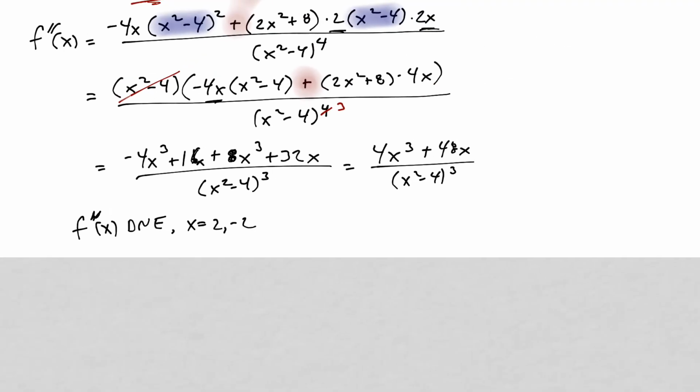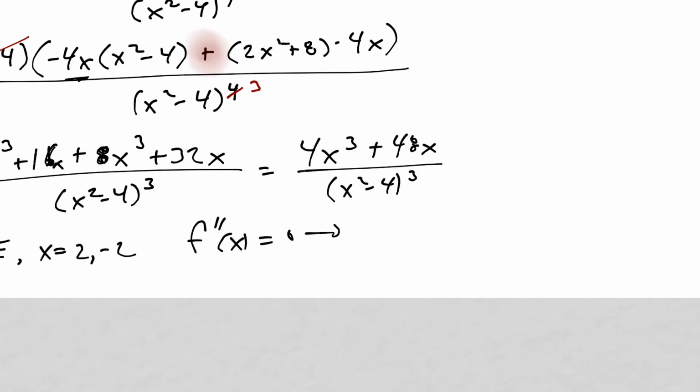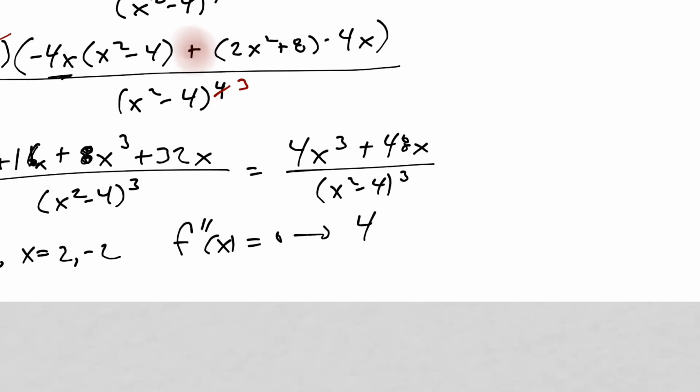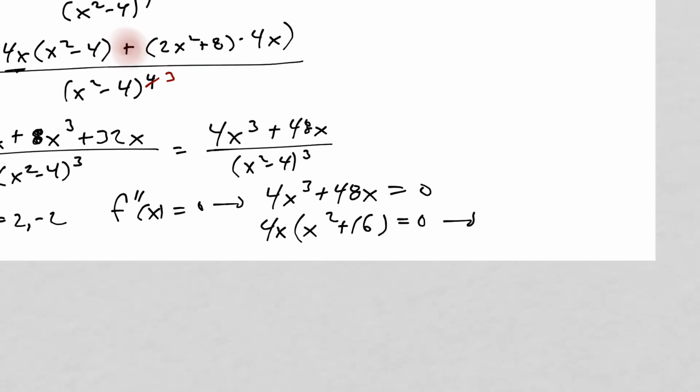But we also get a value where the second derivative equals 0. This is going to happen when the numerator equals 0, so 4x cubed plus 48x. And because both terms have a factor of 4x, we see that the second derivative will equal 0 when x equals 0.